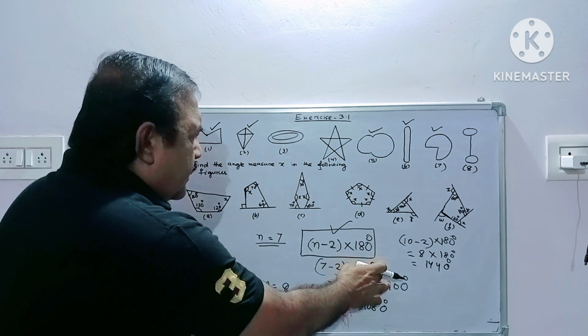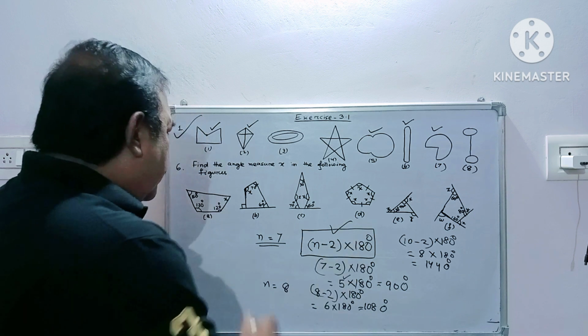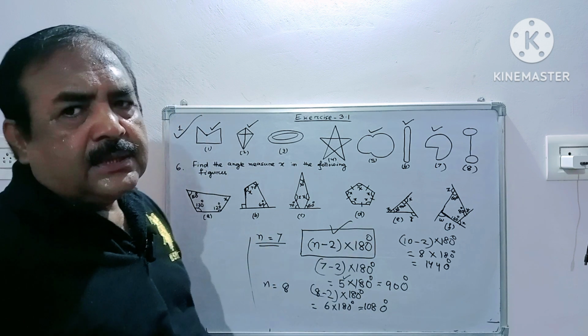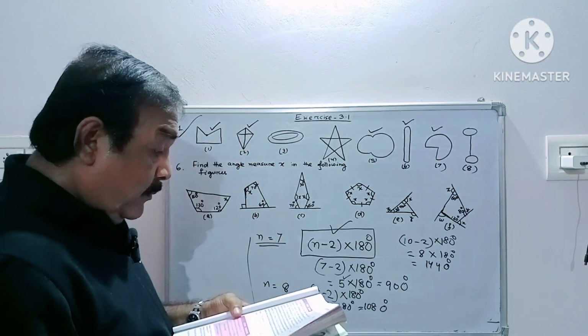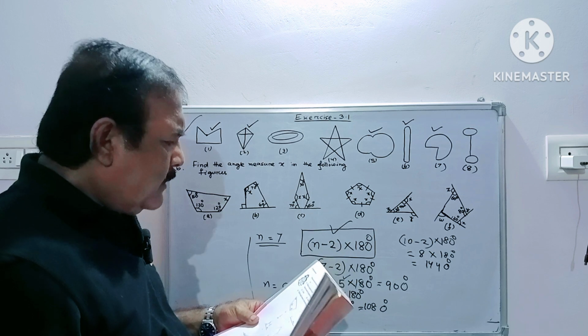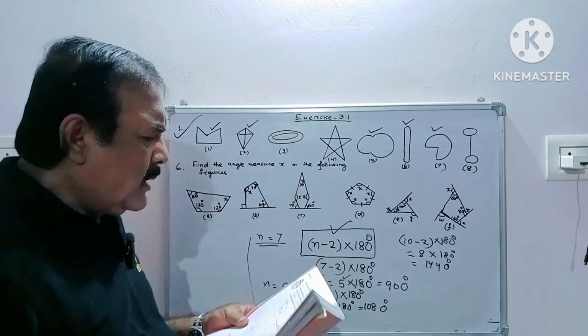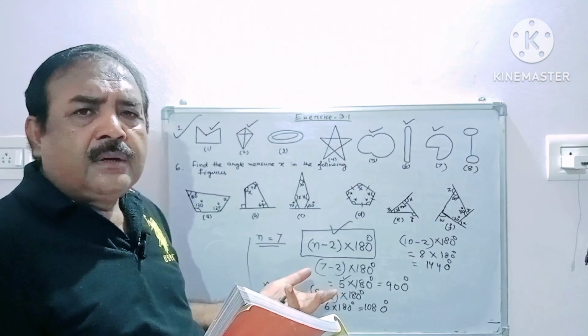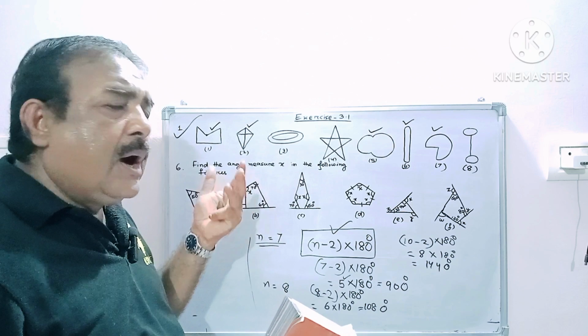So we have just developed a formula, (n minus 2) into 180 degrees, to know the sum of the measures of the interior angles of the polygon. So next, what is a regular polygon? We know a polygon with equal angles is called equiangular.